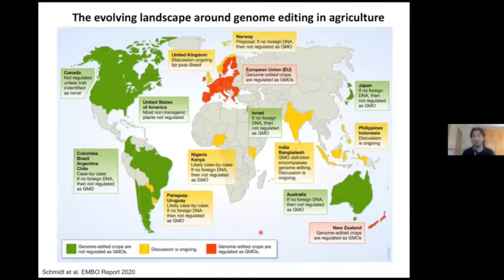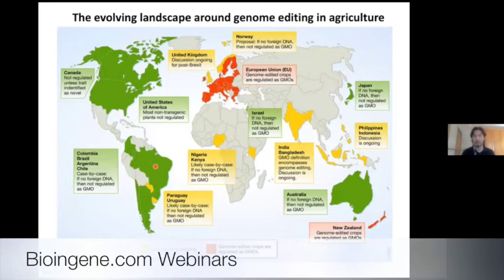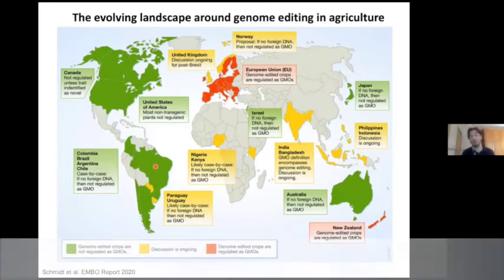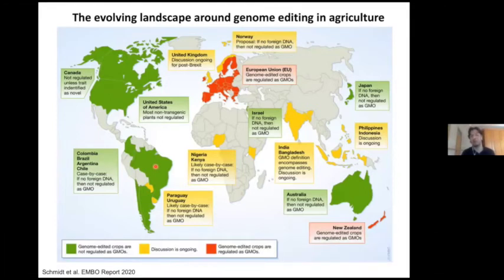In summary, all the green countries already have no regulation for genome-edited products as GM, compared to the red countries, mostly in Europe, which have a stable regulation of genome-edited products as GMOs.